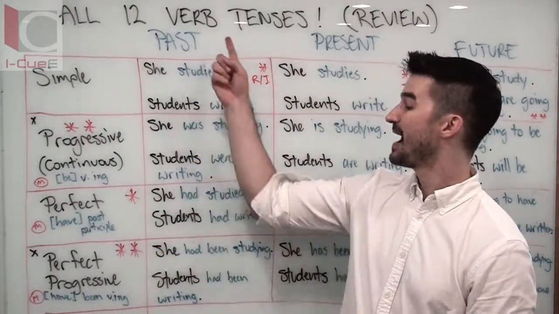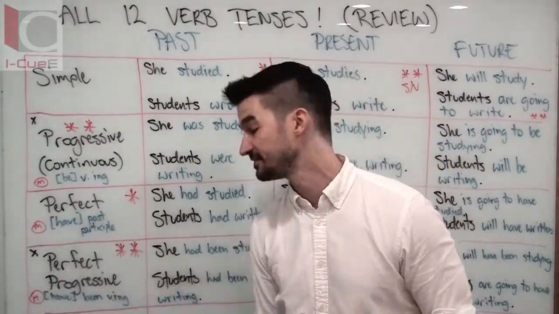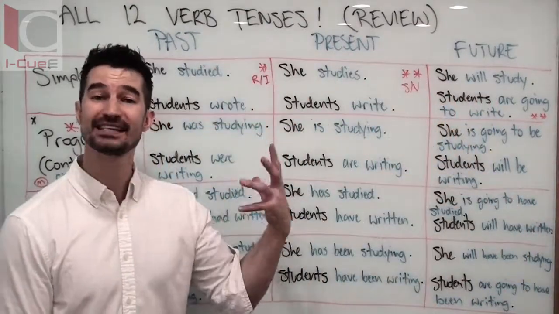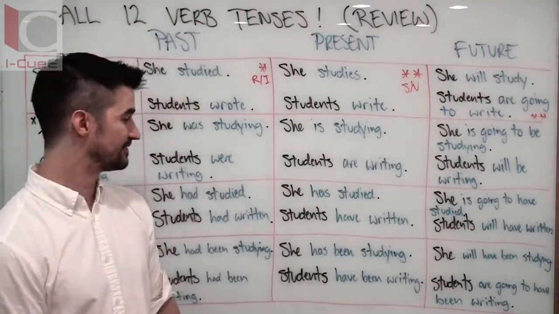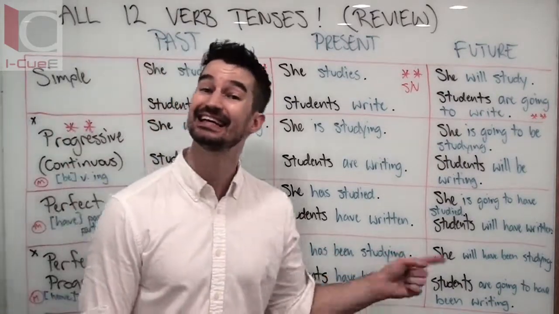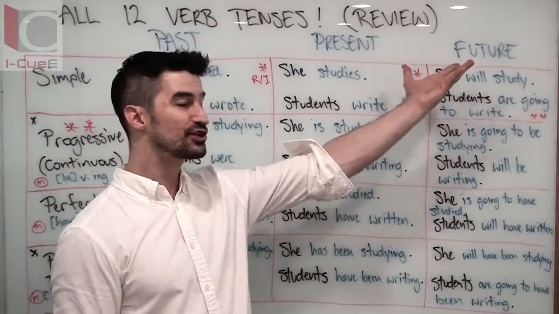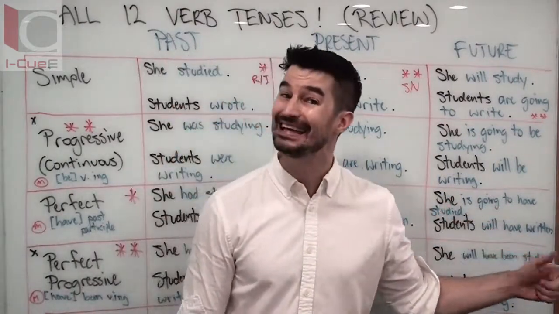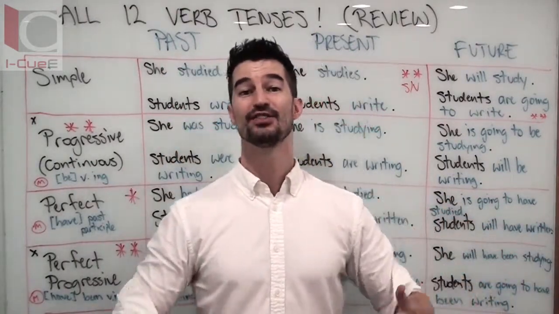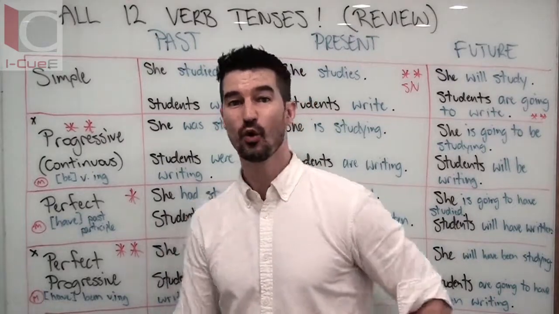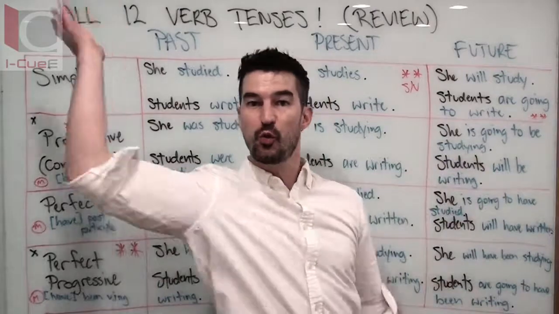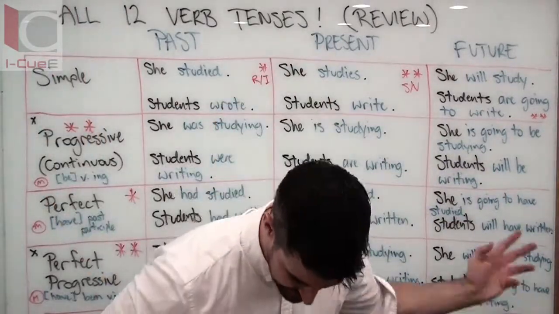So, past perfect progressive, she had been studying. Present perfect progressive, she has been studying. Future perfect progressive, she will have been studying. Those are your regular verb constructions in all 12 tenses.